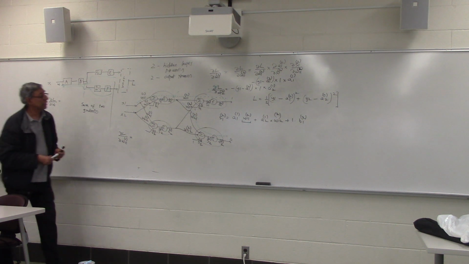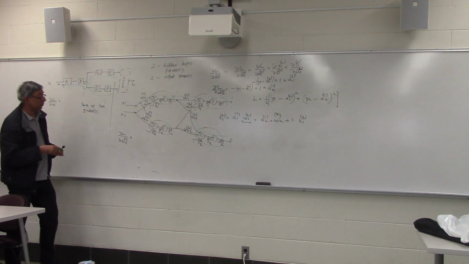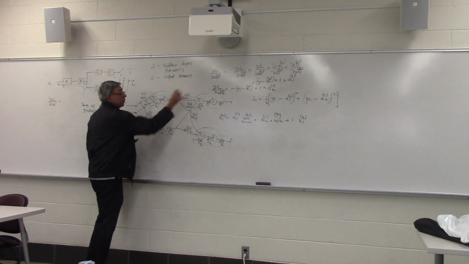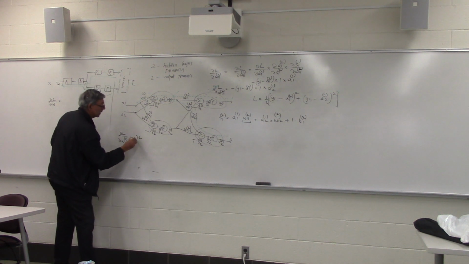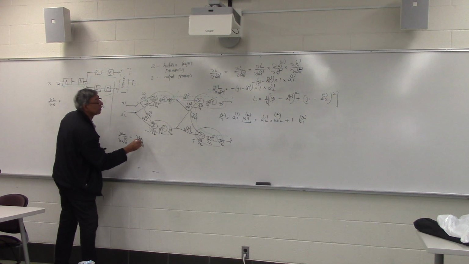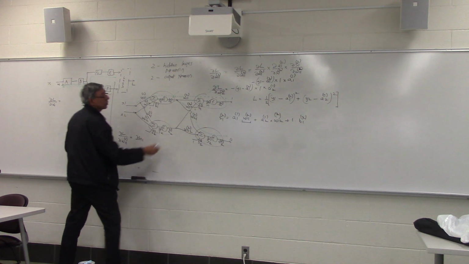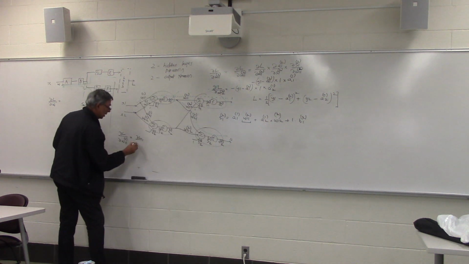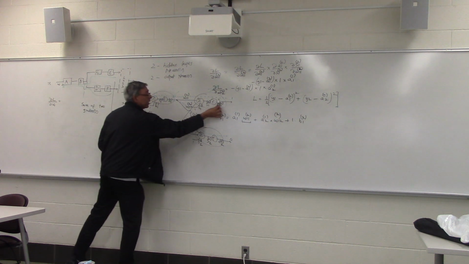Let's take a look at the top green path over here. That's easy. Up to this point, we already created it. For completeness' sake, let me write it: partial L over partial A1 of 2, then partial A1 of 2 over partial S1 of 2, like here to here.